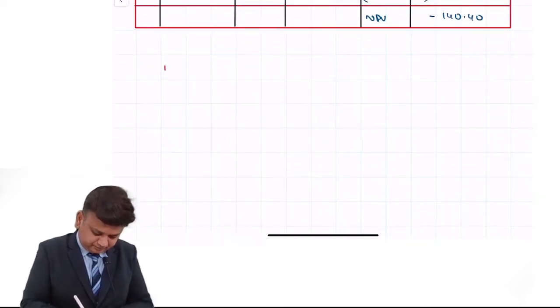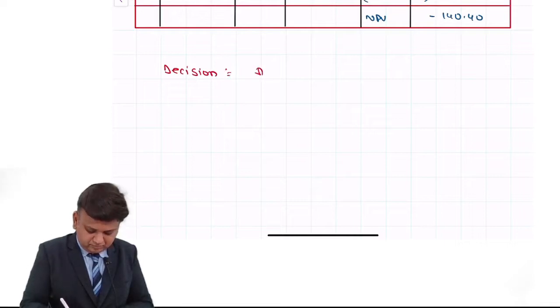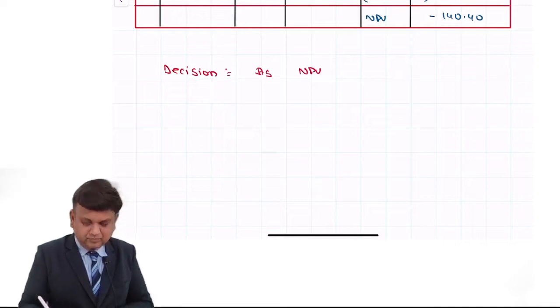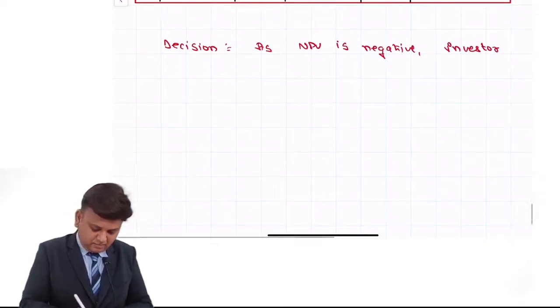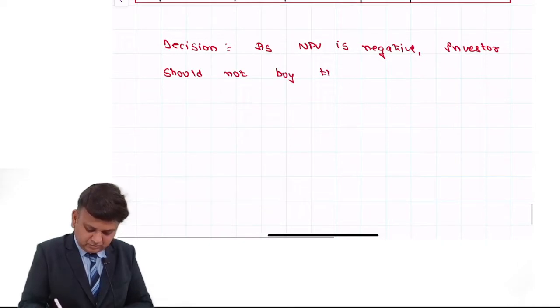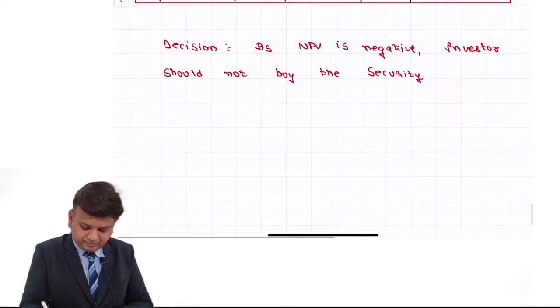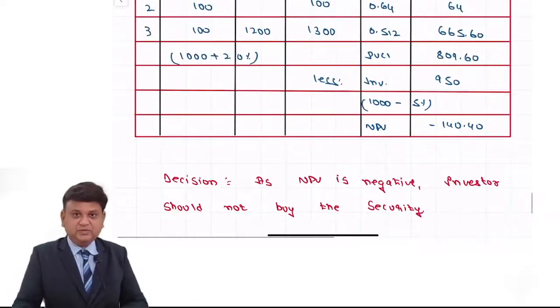Decision: as NPV is negative, comma, investor should not buy the security. That is what we understand.